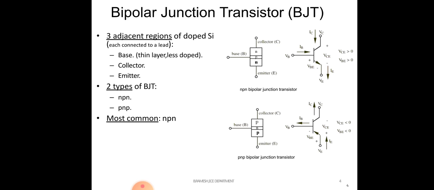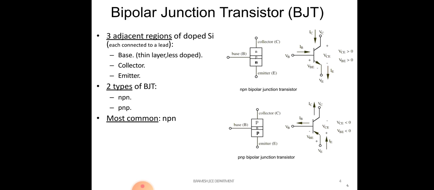So in the base region the current is base current, in the collector region collector current, and in the emitter region, emitter current.